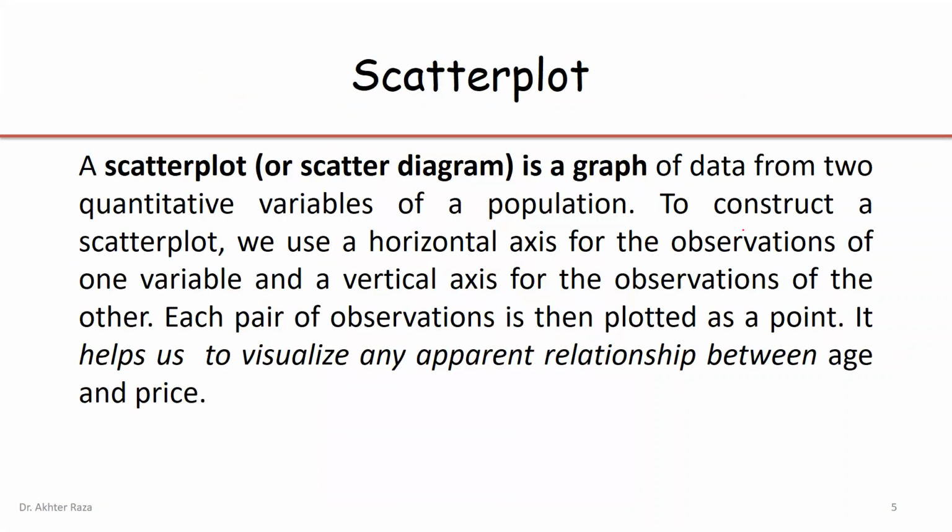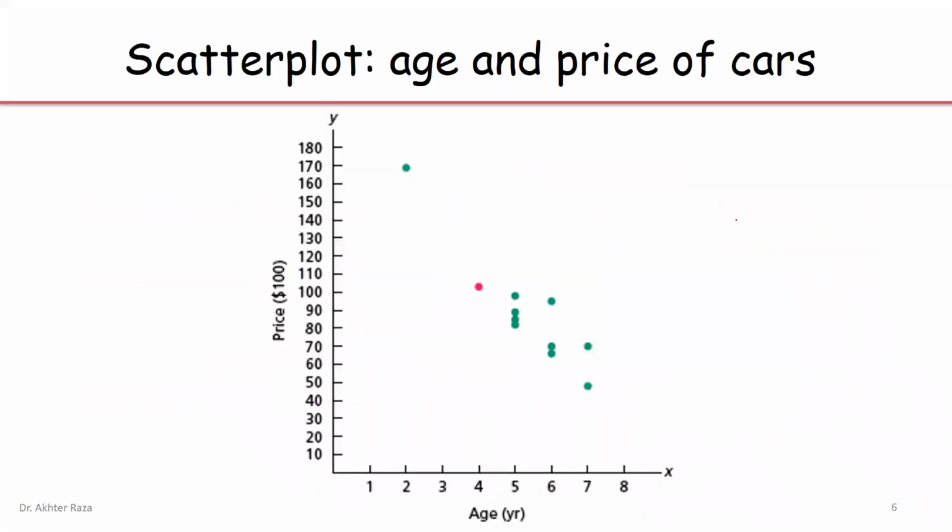A scatter plot is a graph of these two variables. The independent variable will be taken on the x-axis and the dependent variable on the y-axis, and we analyze the pattern of the points on the graph. If we have a pattern like this, we can say that we have a downward slope, and it is an indication that as the age increases, the price of car decreases.